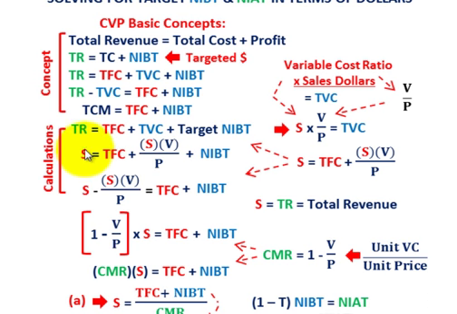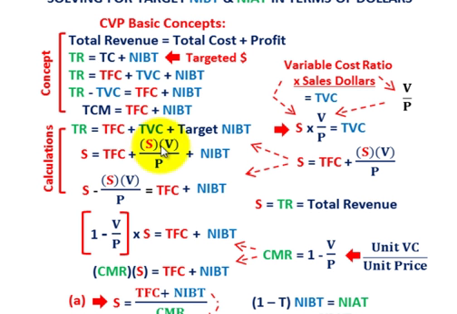So this is where we're going to do some substitution into our general equation. TR, our sales dollars, equals our total fixed cost plus our total variable cost, and we're going to substitute in for our total variable cost.